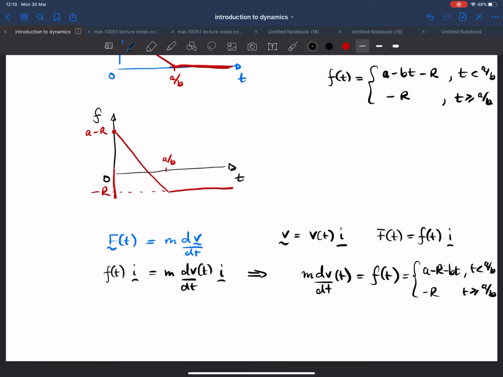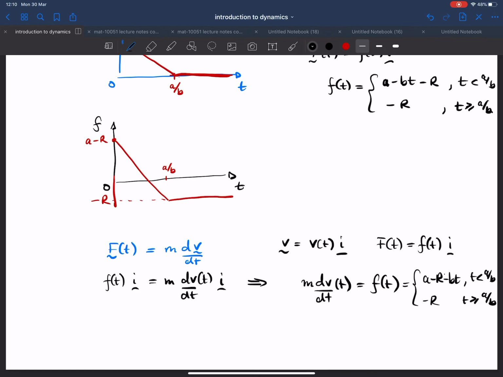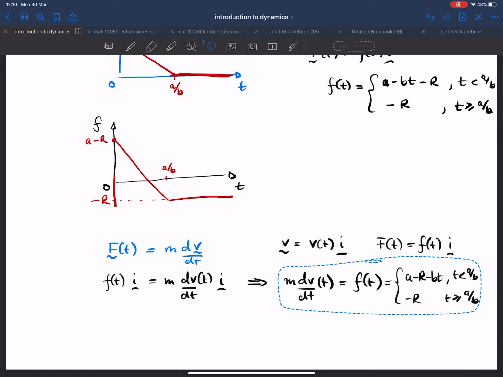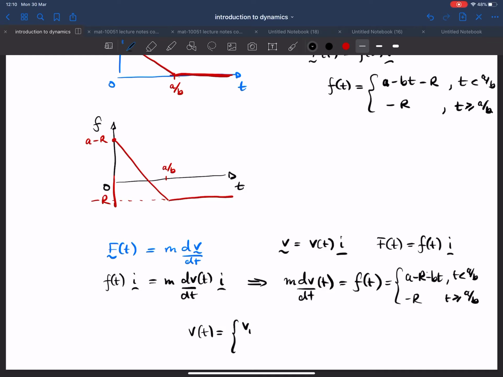Because we solved similar problems, we're going to look for a function v split in the following form: v(t) will be v1(t), which takes care of the first time interval, and v2(t), which takes care of the second time interval.